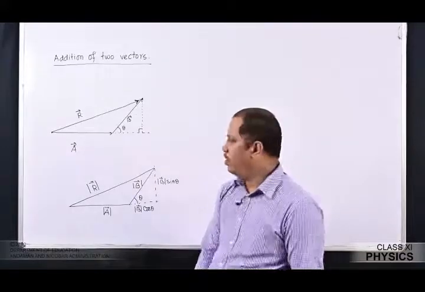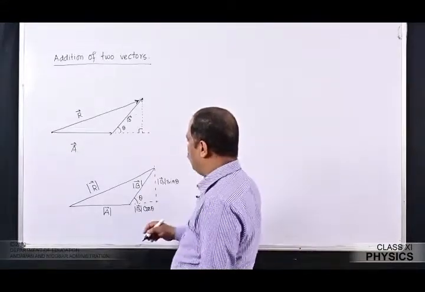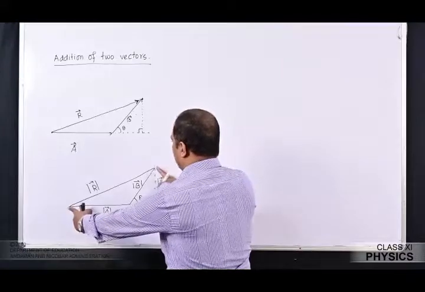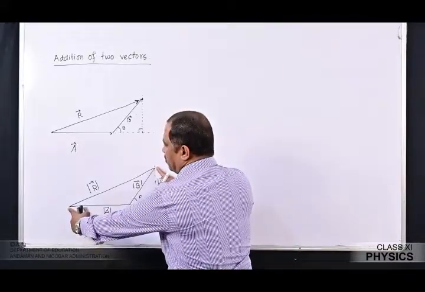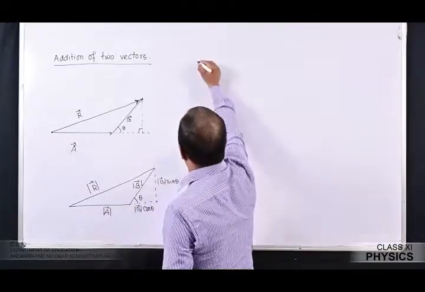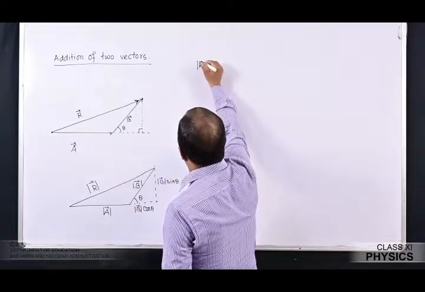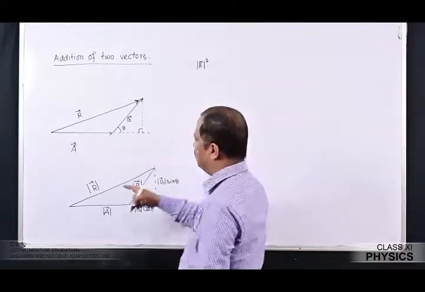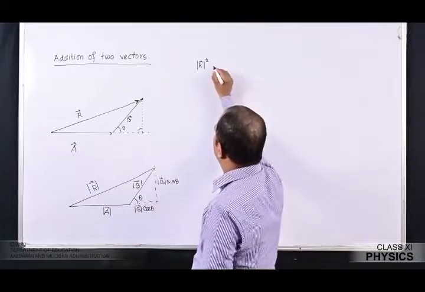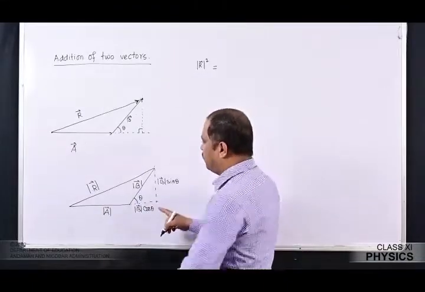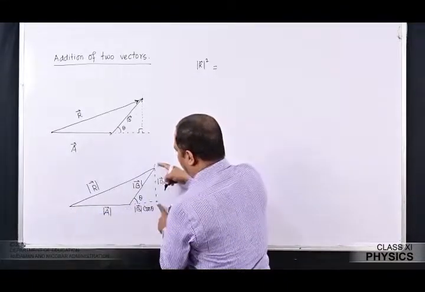The square of the hypotenuse, the magnitude of this side, will be equal to the sum of the squares of this side as well as this side.